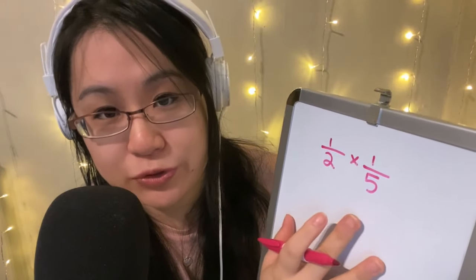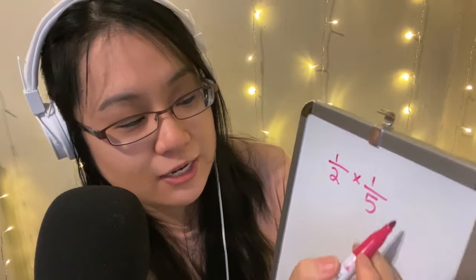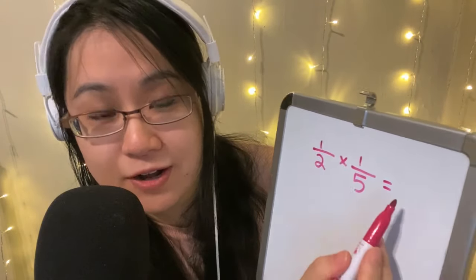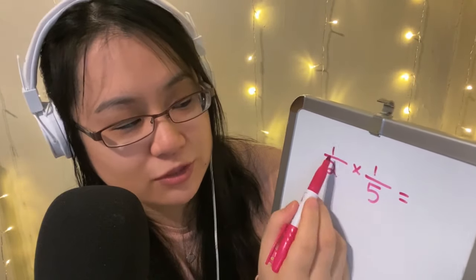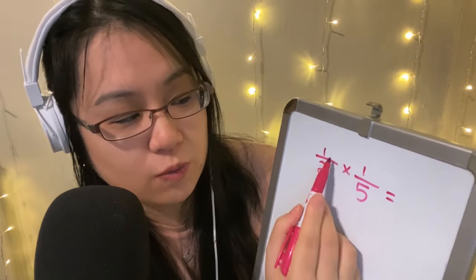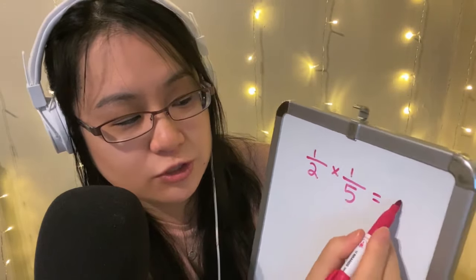So we're going to start with multiplying fractions, and what we do in general is to just multiply straight across. So the stuff on top, 1/2 times 1/5 is 1 times 1, which is 1, over 2 times 5, which is 10. So half of 1/5 is 1/10.